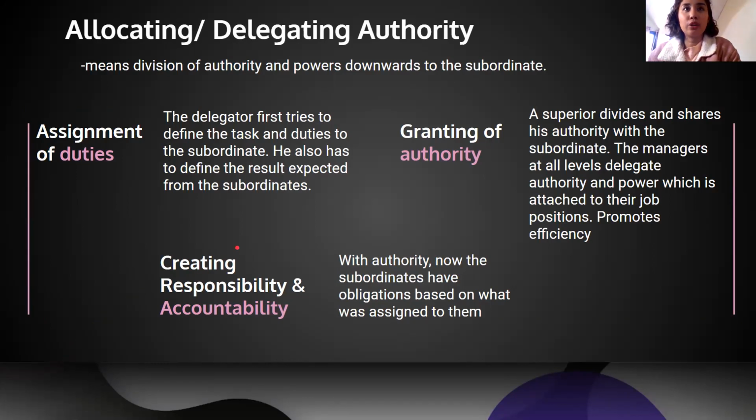Allocating and delegating authority means division of authority. Dinedelegate mo. So, hinihiwalay-hiwalay mo yung authority. Okay? So, sometimes, of course, the authority of the CEO is so big. Okay? So, para ma-achieve na yung goal, mas maganda i-delegate niya. Hati-hatiin niya. So, yun nga, nagkaroon ng division such as based on function.